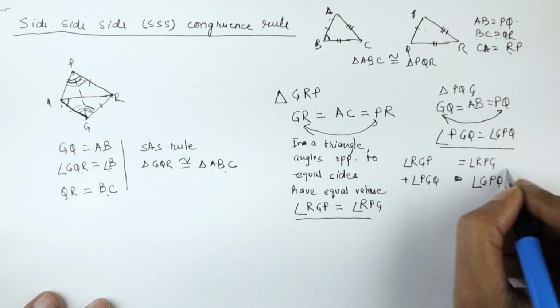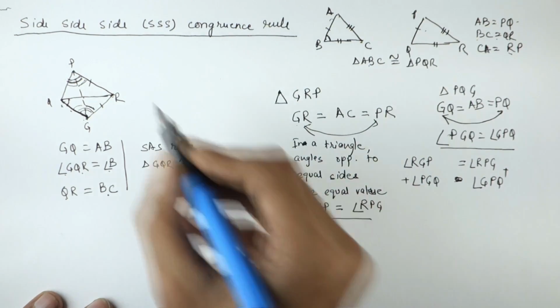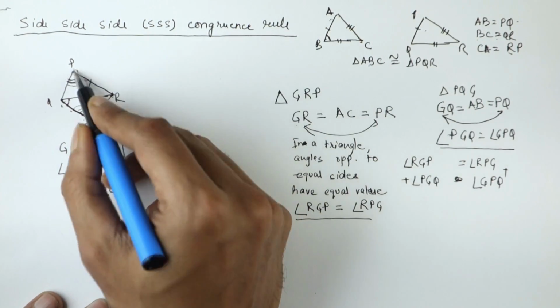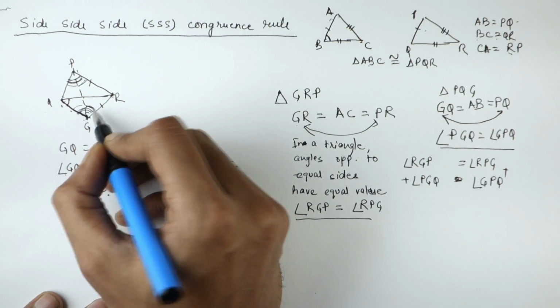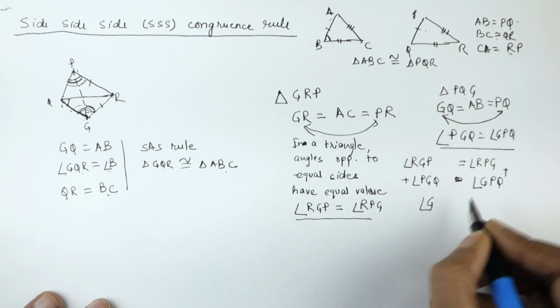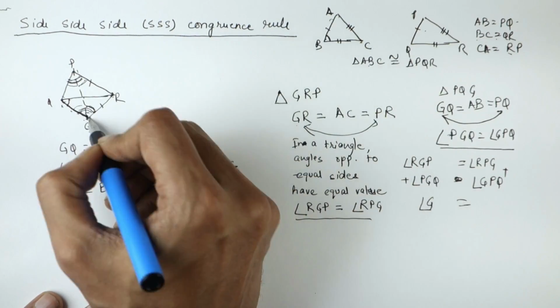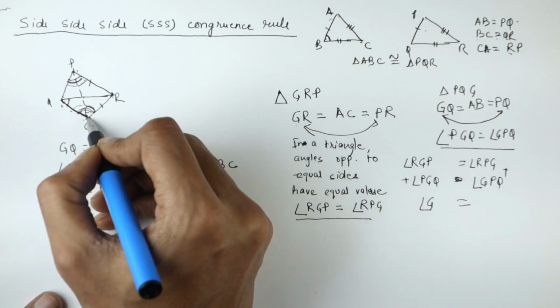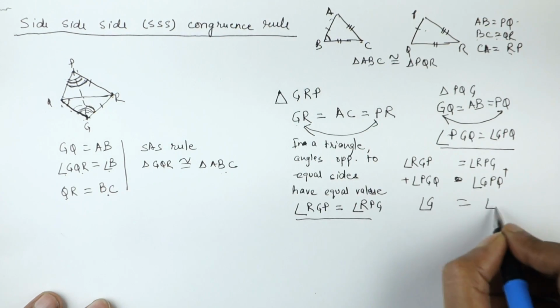So we are adding. RGP plus PGQ is nothing but this angle G, and RPG plus GPQ is angle P. So this is angle P.